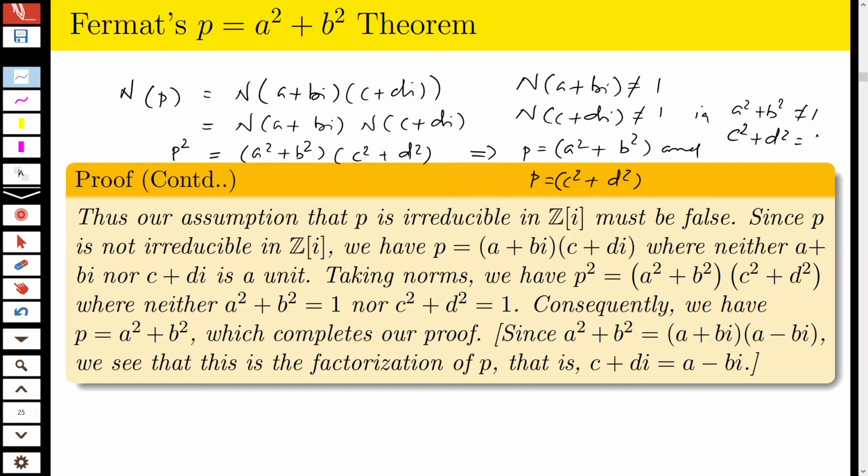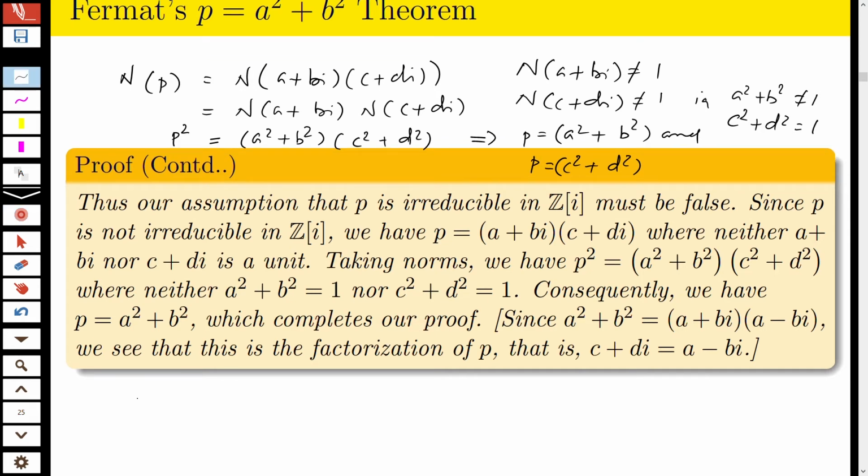So p squared equals (a squared plus b squared)(c squared plus d squared), with p an odd prime, implies p equals a squared plus b squared and p equals c squared plus d squared. This completes the proof. We have proved that p is equal to a squared plus b squared and p is not irreducible.